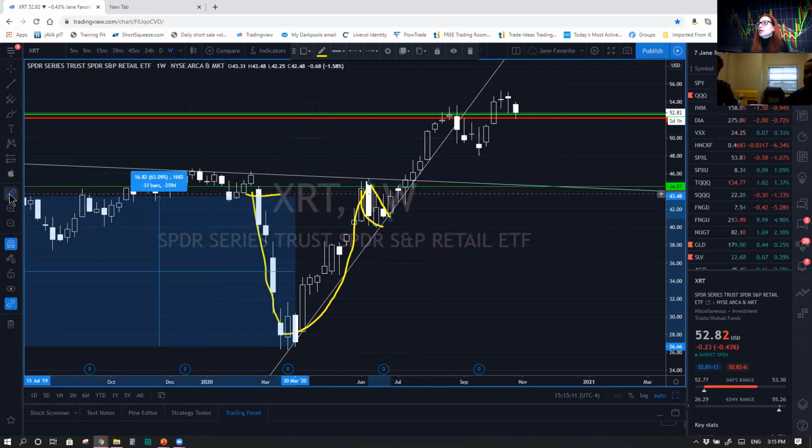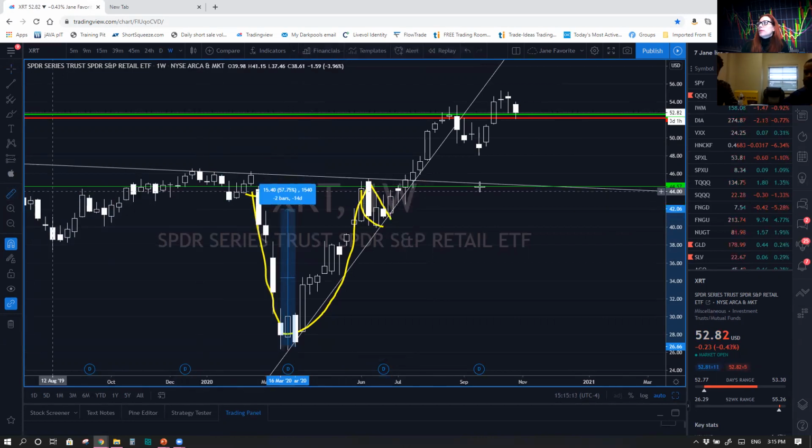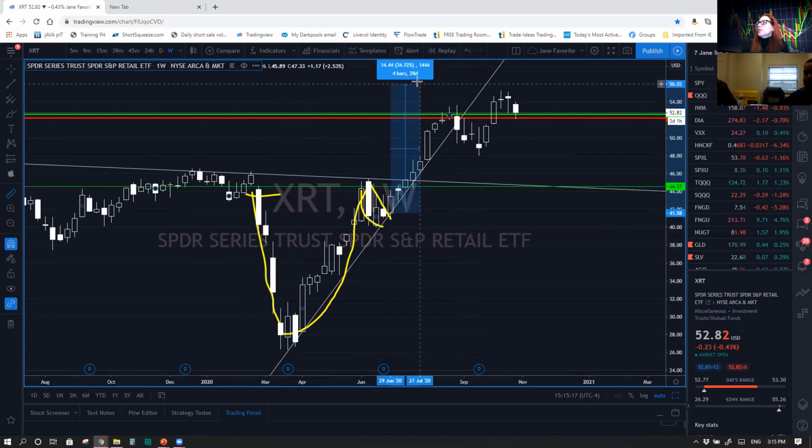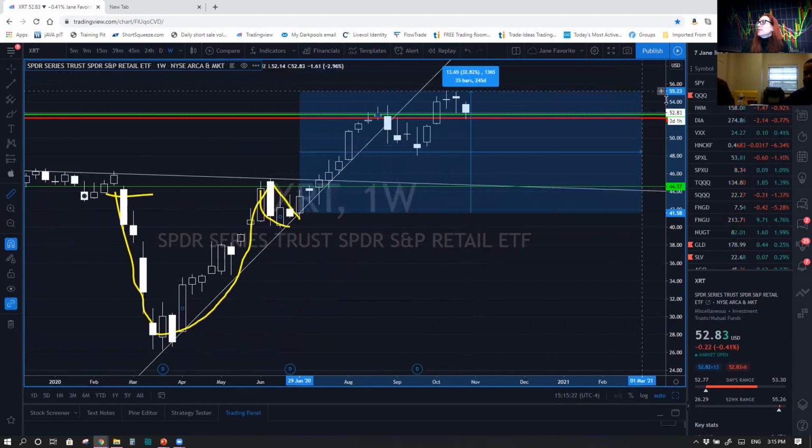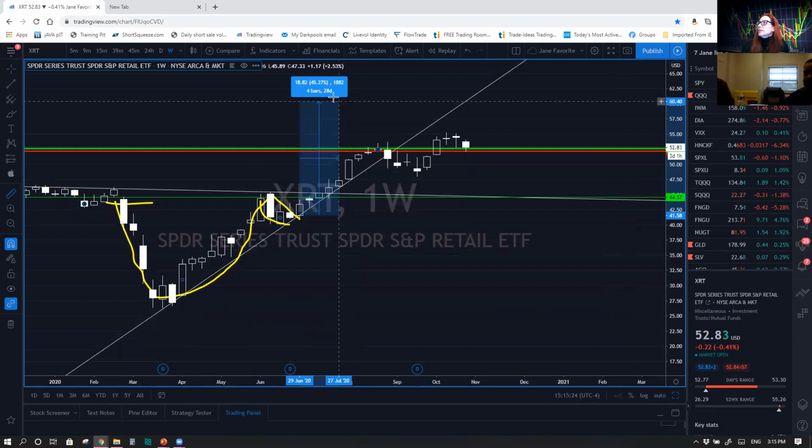So start a fresh one. We have our breakout over here. Let's go up 18 points. Hold on. So we're looking at roughly $60, more or less, for the target from the breakout over here at $41, $42.